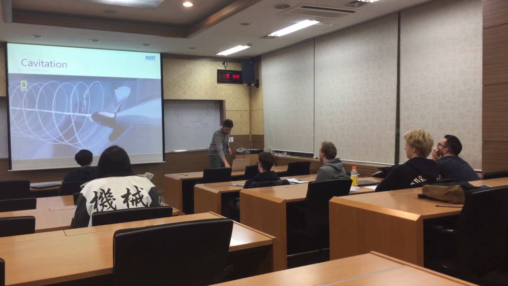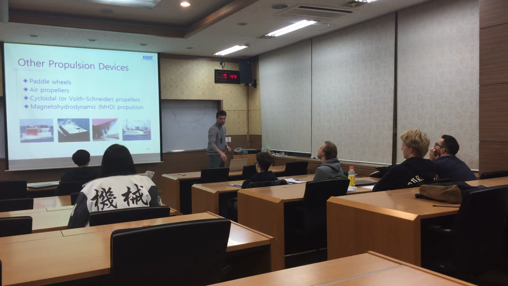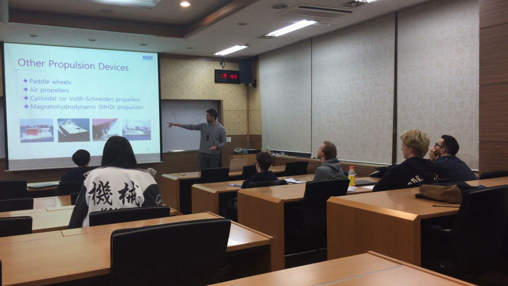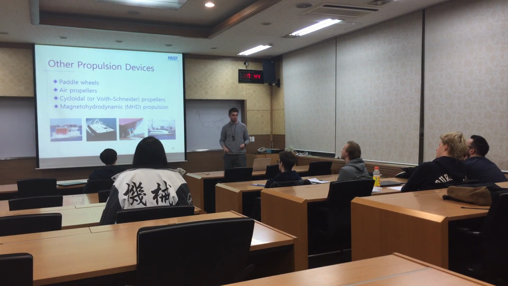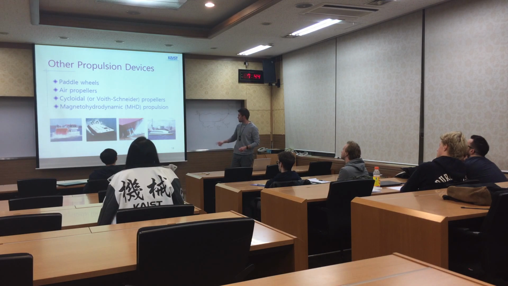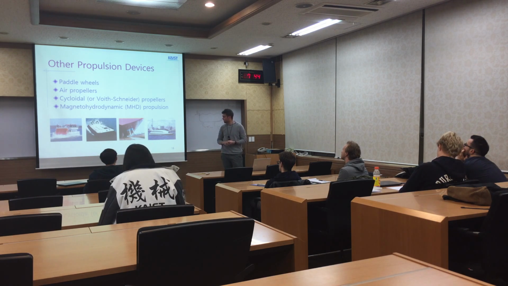So, there are also other propulsion devices, like the paddle wheels, famous from old Mississippi movies. But these paddle wheels are very inefficient, and you need huge and very expensive machinery to use them. Then you have air propellers.